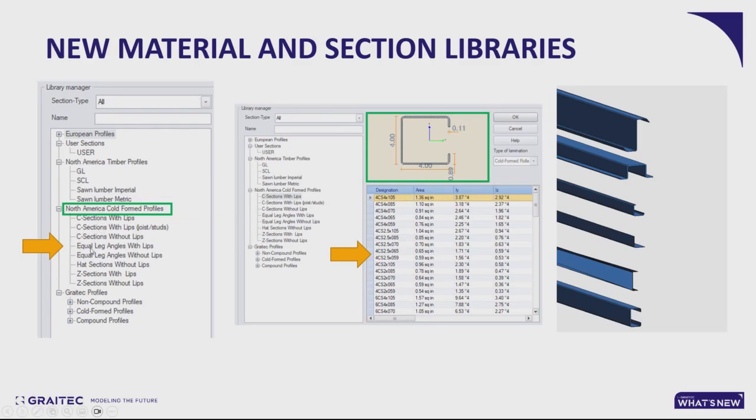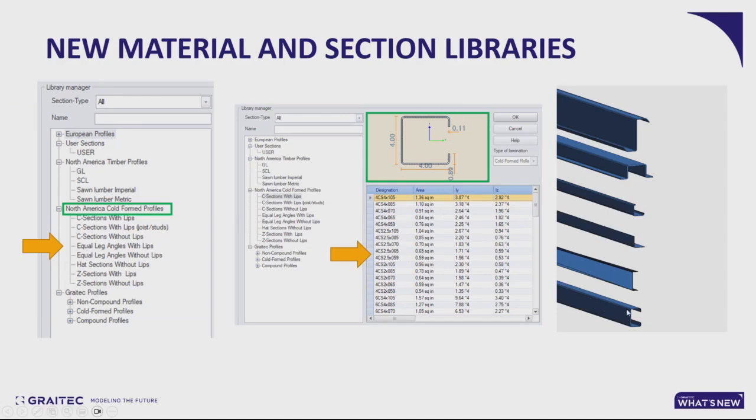We have equal leg angles with lips and without lips, hat sections, and two types of the C sections as the main family of cold form sections. After that, you will see that we have the full library for each category. So you basically go on, select your section, and you will see the section dimensions there.